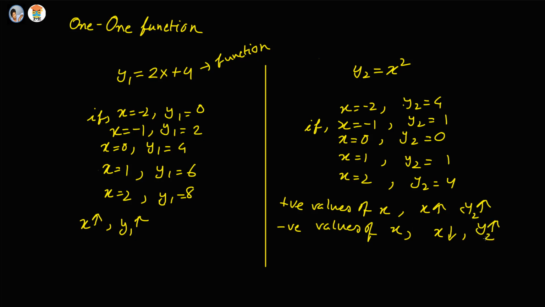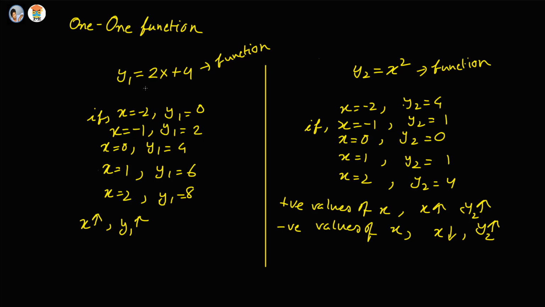Sorry, y2. Now, though there is no single specific relationship, there are two specific relationships, one for positive values of x, another for negative values of x. So this is also a function.